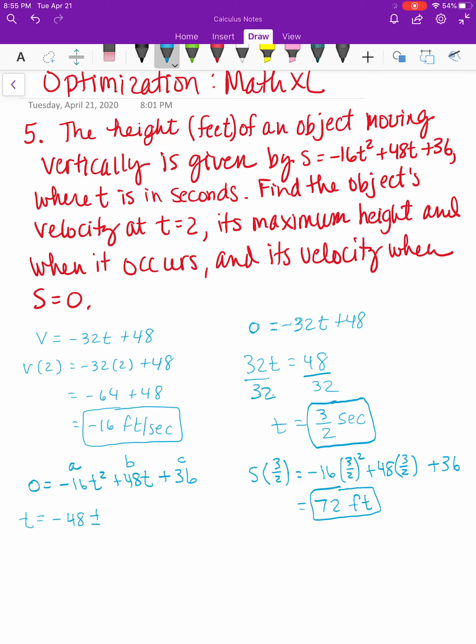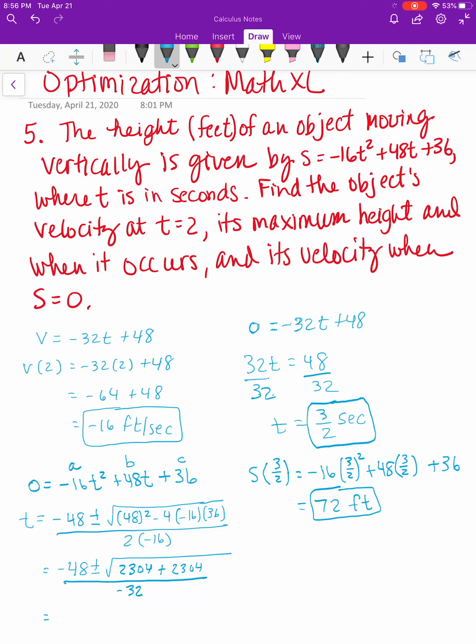So what I did on here is I used the quadratic formula, and I said, this was my A, that's my B, that's my C, and of course, I said t equals negative B plus or minus the square root of B squared minus 4 times A times C, all divided by 2 times A.